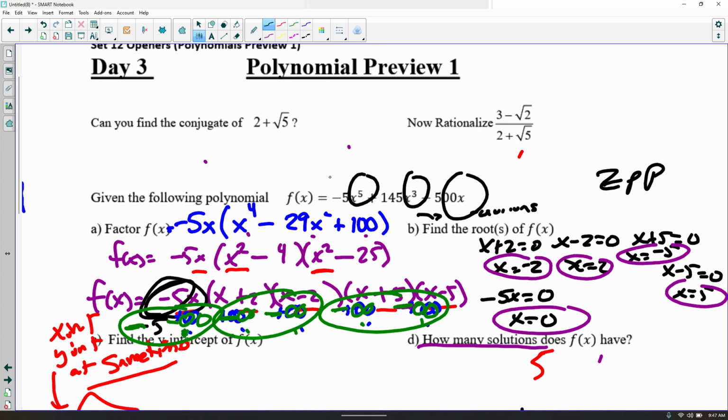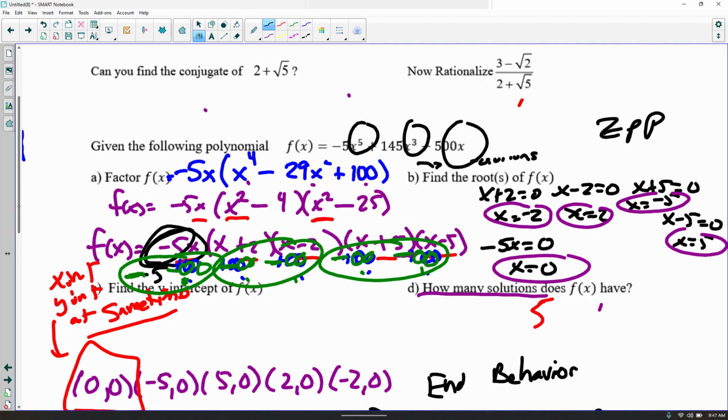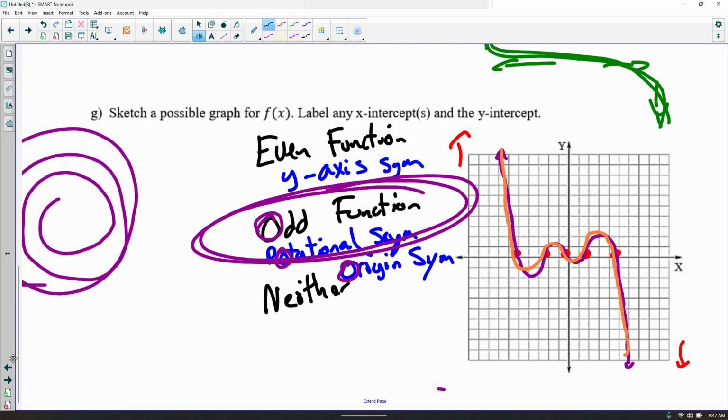Okay? You good with that? Again, I want you to be able to see it visually. We're going to work with those every single day. We're not going to have to do the test or anything like that. Just want to go through that. If you want to test it out, you can. For odd, it's negative f of x is equal to f of negative x. Just so you know. I can show that to you.